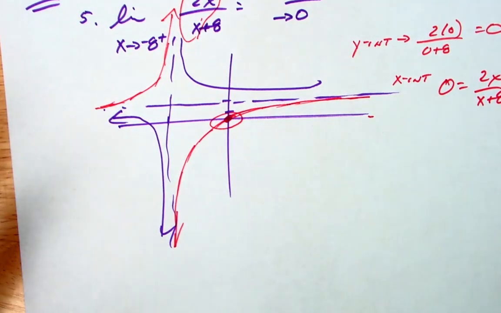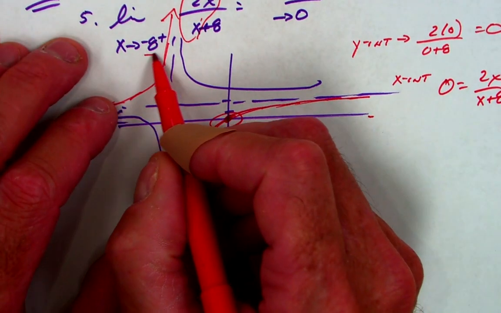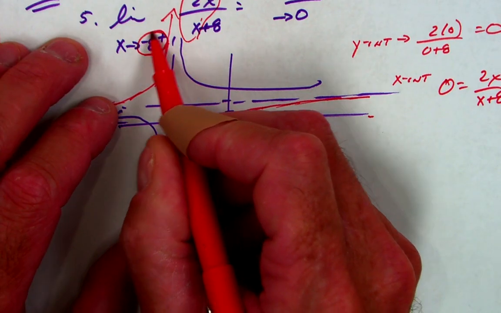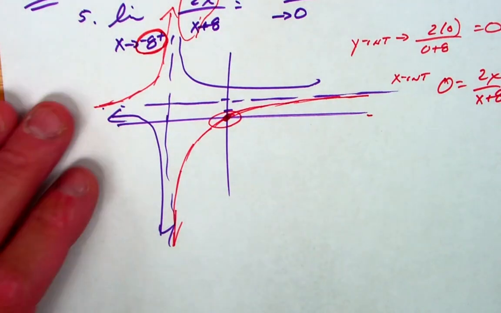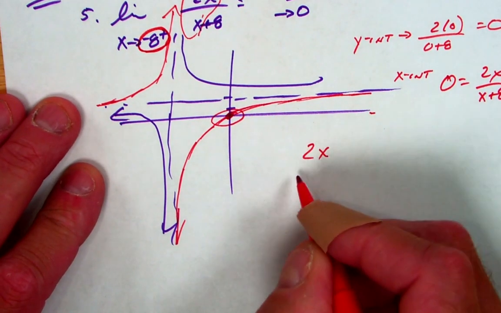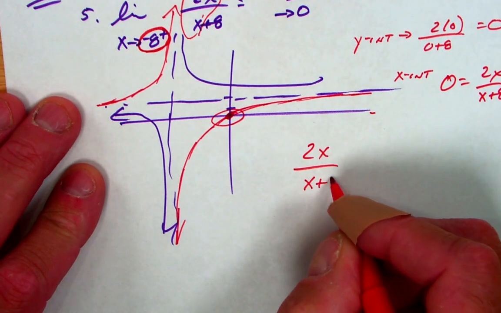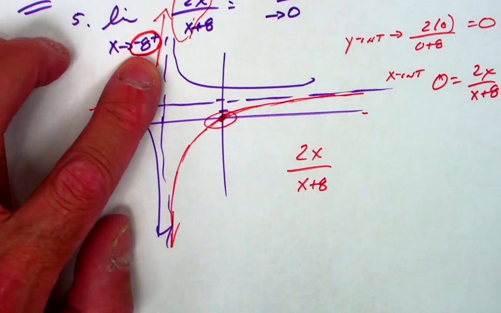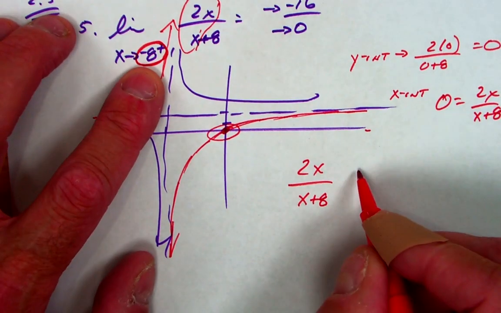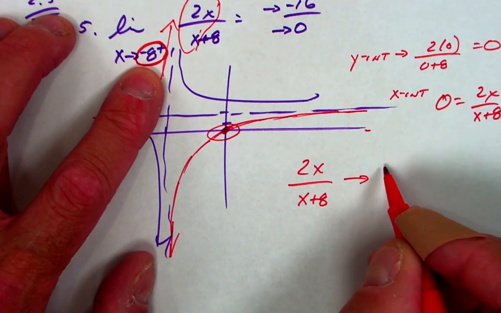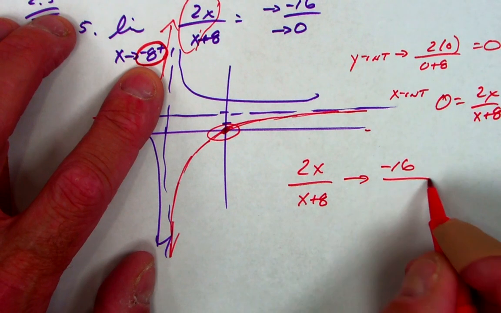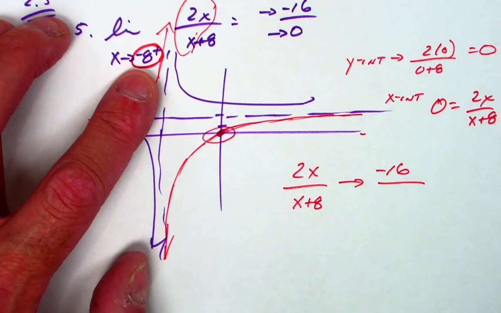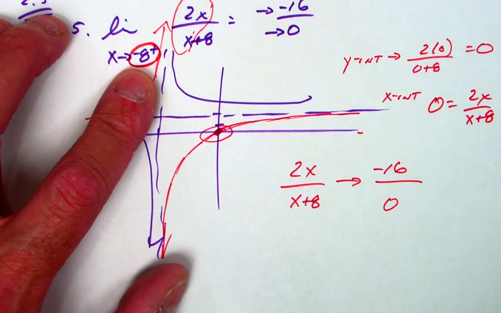You don't have to graph it every time, but let's really focus on as it approaches negative 8 from the positive. So if I take a look at 2x over x plus 8, as it approaches negative 8 from the positive side, the top we know is getting closer to negative 16. The bottom is getting closer to 0, but what's true about it?